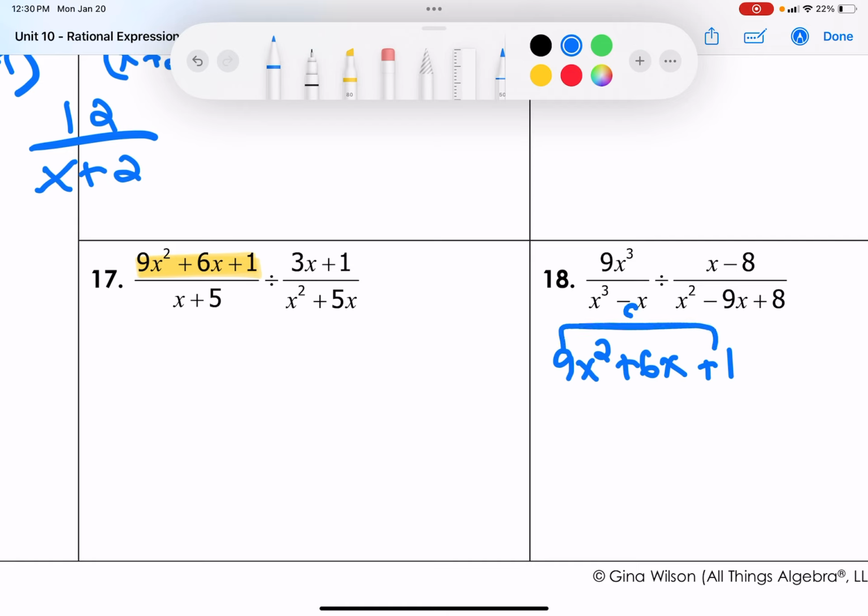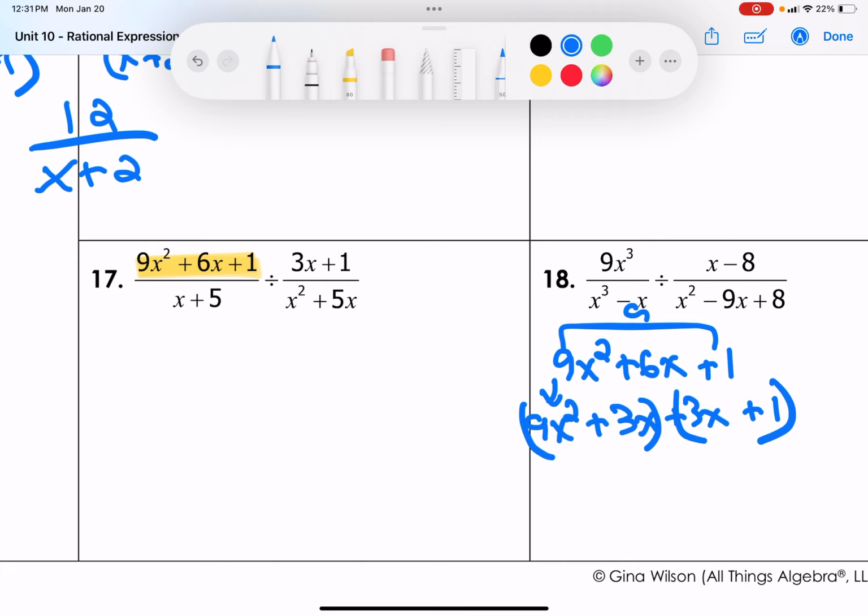9 times 1 is 9. So I'm gonna have 9x squared, I brought that down, plus, let's see, 3x plus 3x plus 1. All right, and what do I have when I group?